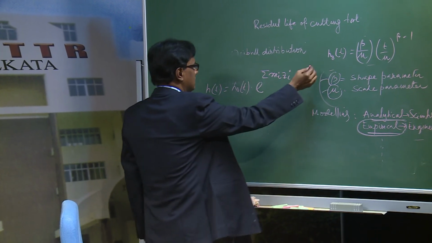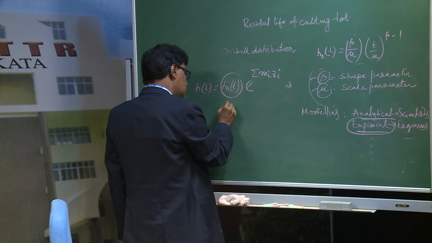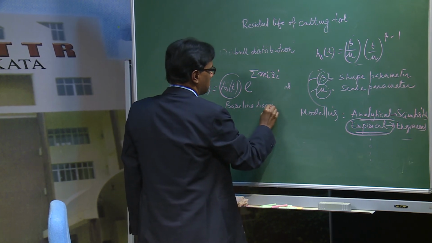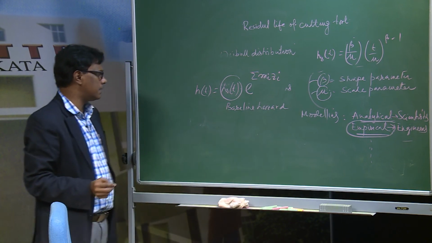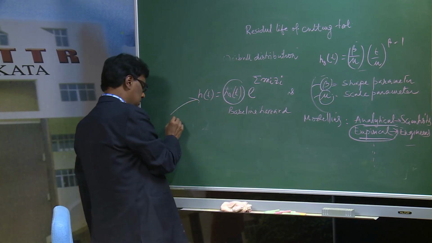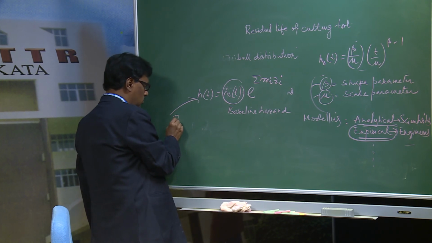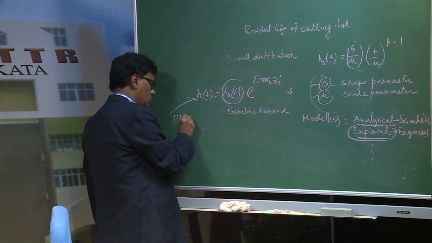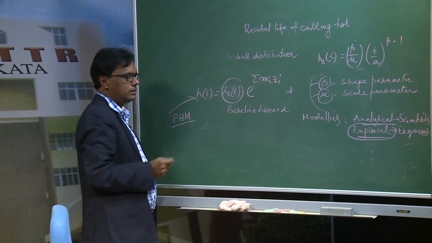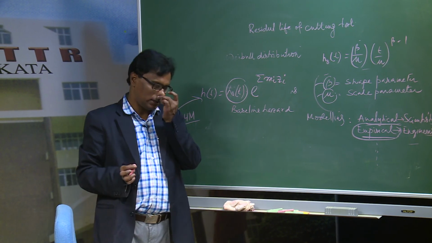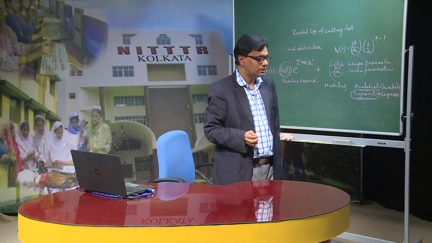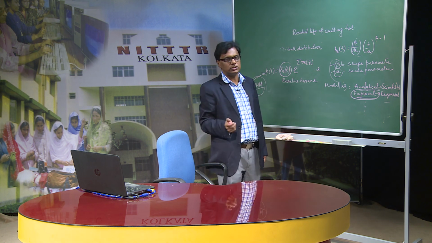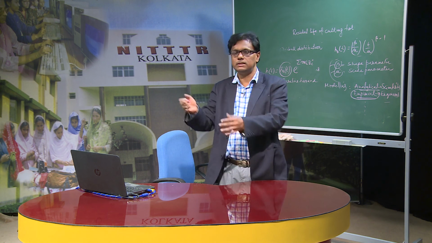This term is called the baseline hazard, and this particular model is called the proportional hazard model, where you can calculate the remaining life of the cutting tool. This is important for inventory purposes, when you want to purchase the cutting tool for the inventory itself.